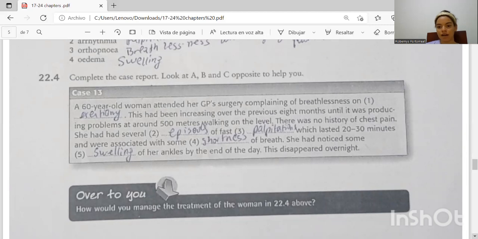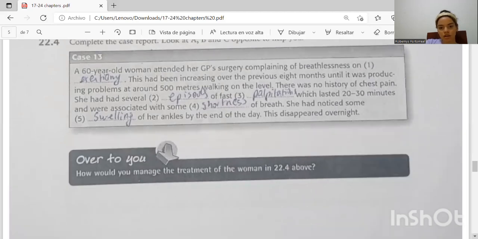There was no history of chest pain. She had had several episodes of fast palpitation, which lasted 20 to 30 minutes and were associated with some shortness of breath. She had noticed some swelling of her ankles by the end of the day. This dissipated overnight.